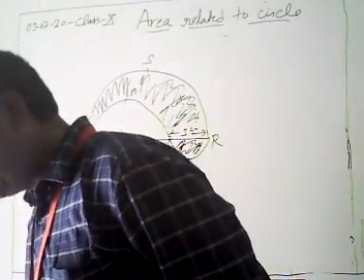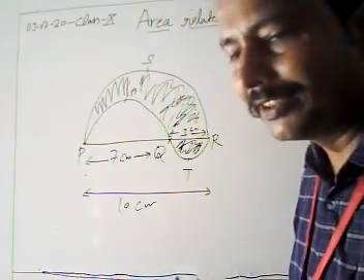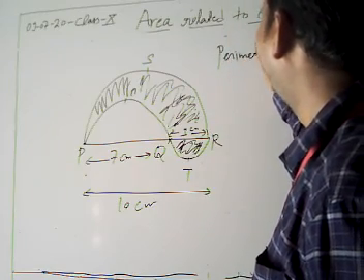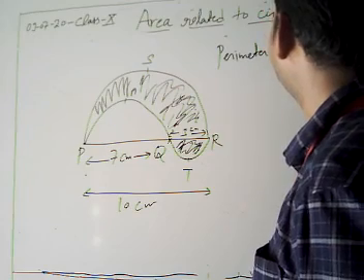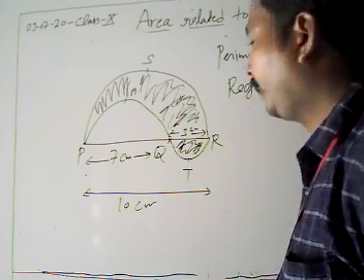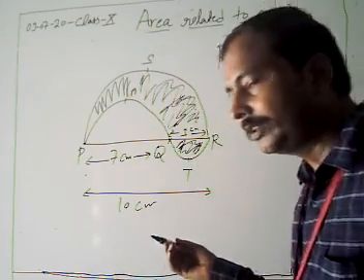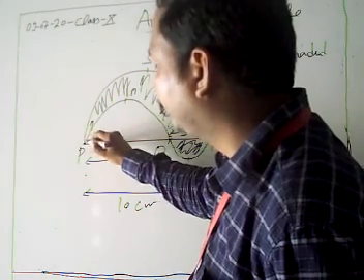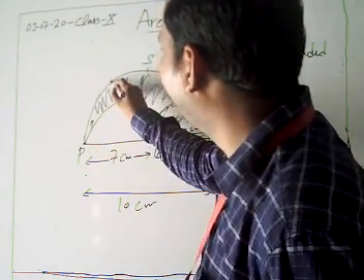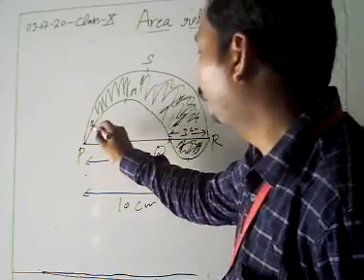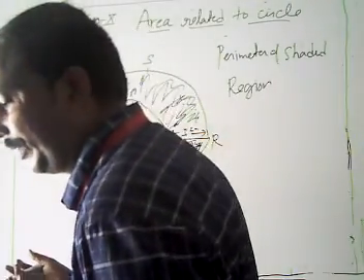Here we have to find the perimeter of the shaded region. We have to find the perimeter of the shaded region. Then what is the perimeter of the shaded region? It is our region P S R T Q A P.